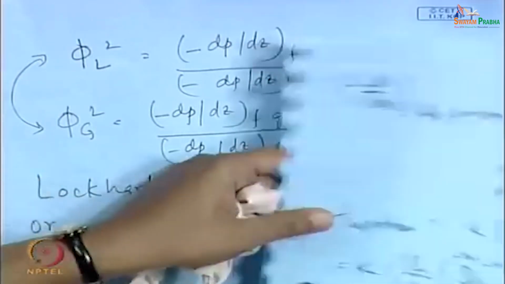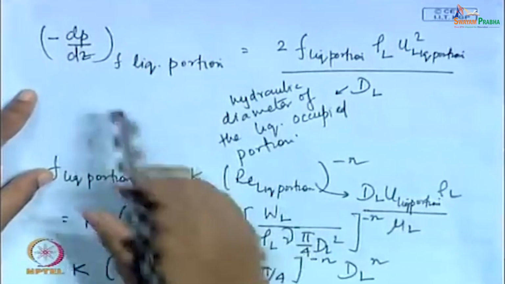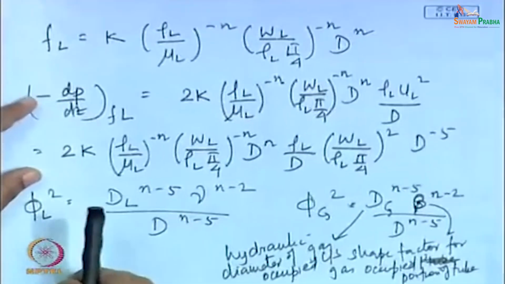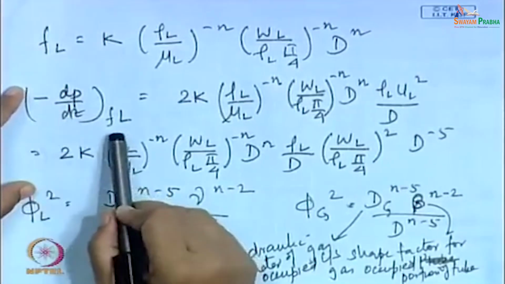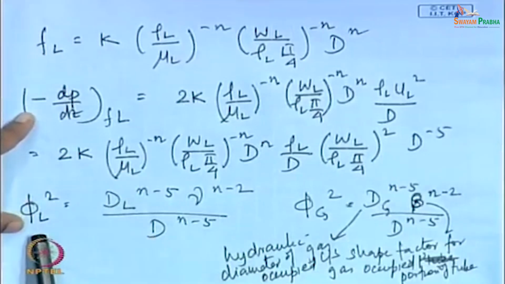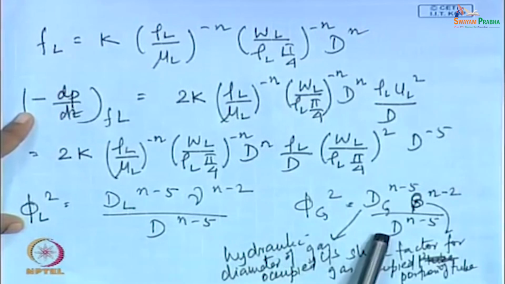Based on this we derived the frictional pressure gradient for the liquid portion, then the frictional pressure gradient when the liquid flows alone in the pipe, and finally obtained expressions for phi L square, and I said that a similar expression exists for phi g square as well.